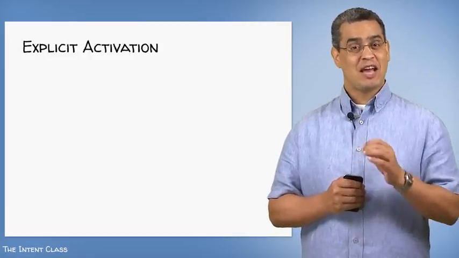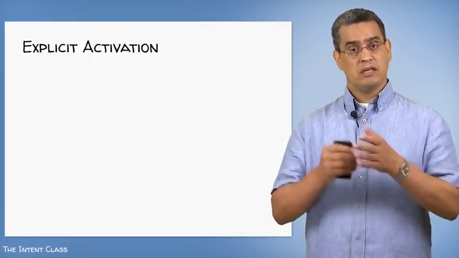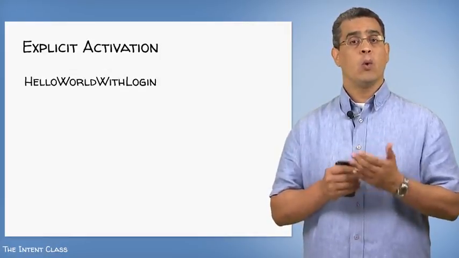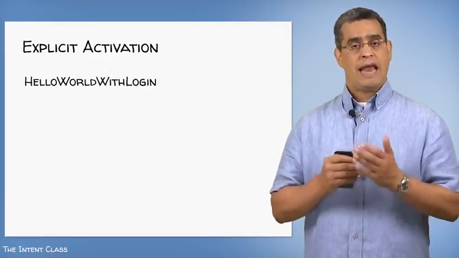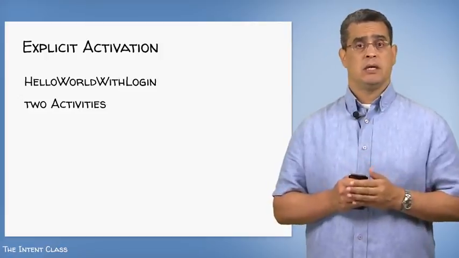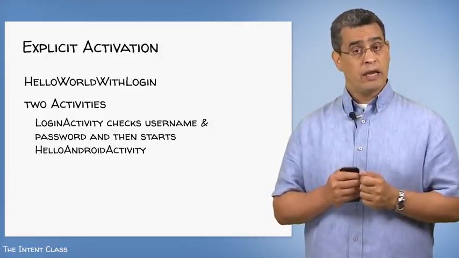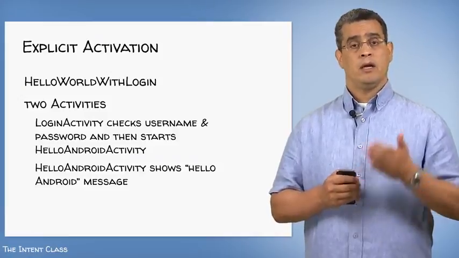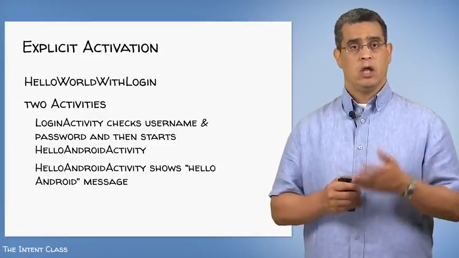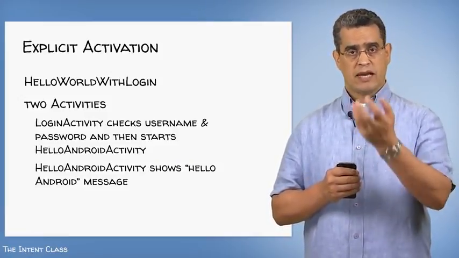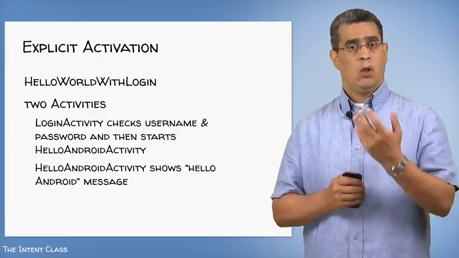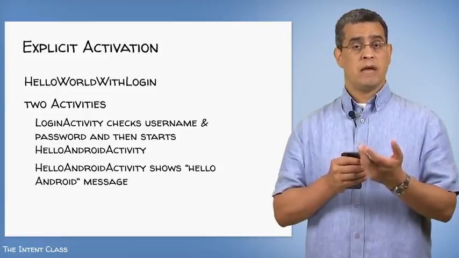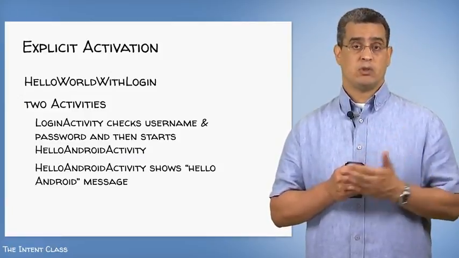So let's take a look at an application that explicitly starts another activity. This application is called Hello World with Login, and it's comprised of two activities: one called LoginActivity and another called HelloAndroid. When this application launches, LoginActivity is the first activity that starts. LoginActivity provides a text box for typing in a username and another one for entering a password.